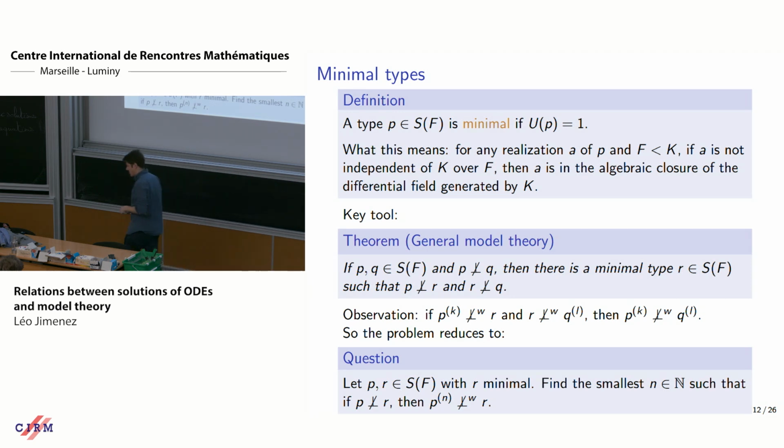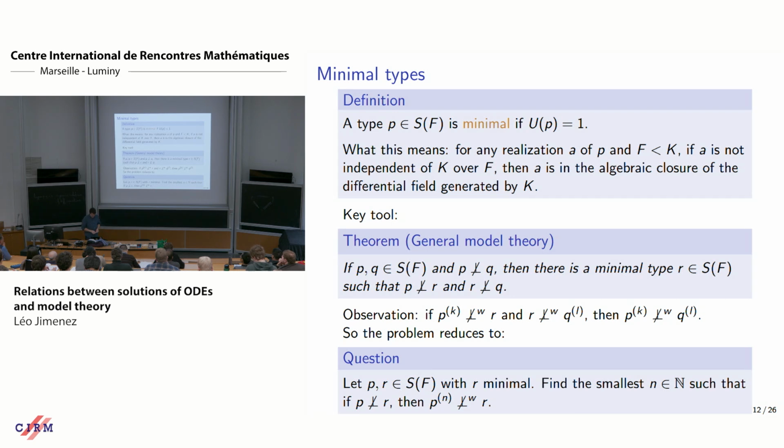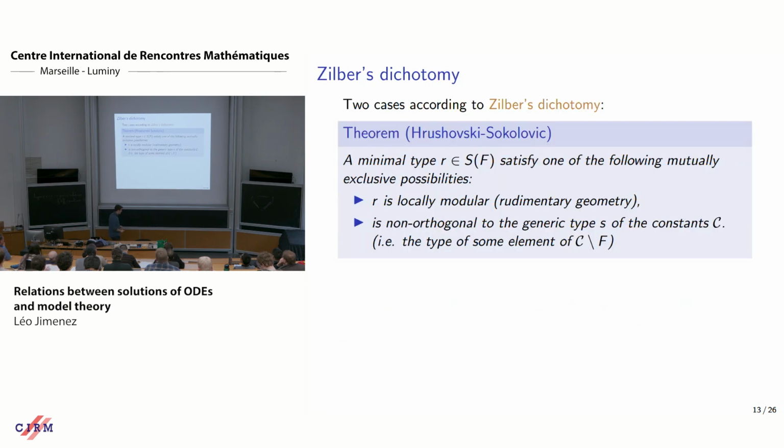Okay, great. And why is it very nice to reduce to minimal types? I'll tell you. This is because of one of the greatest results of model theoretic differential algebra, Hrushovski's dichotomy. If I have a minimal type over F, it must satisfy one of the following mutually exclusive possibilities.